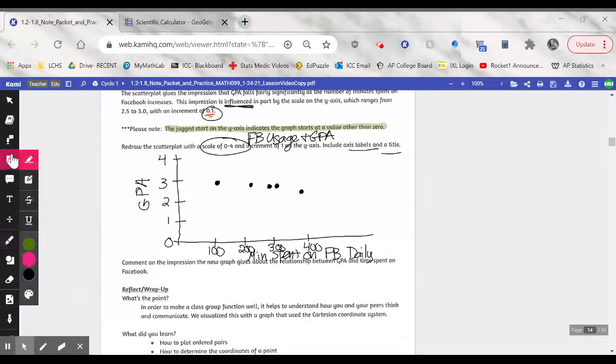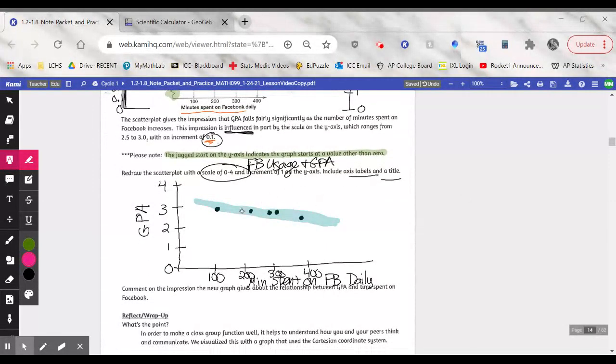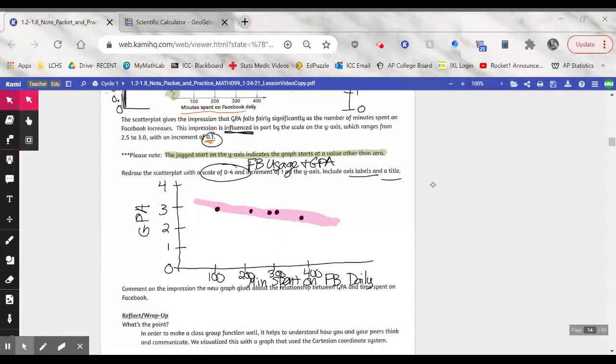We're not really seeing a huge change. So the impression that the previous one gives us is that, well, dang, if you're spending more time on Facebook daily, your GPA is going to be much lower. The impression that this one gives, by us changing the scale of the y-axis, is that it's not really affecting it much more. So we can see that the scale creates a large difference.